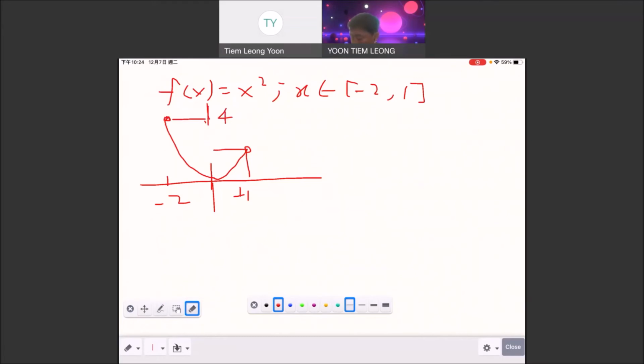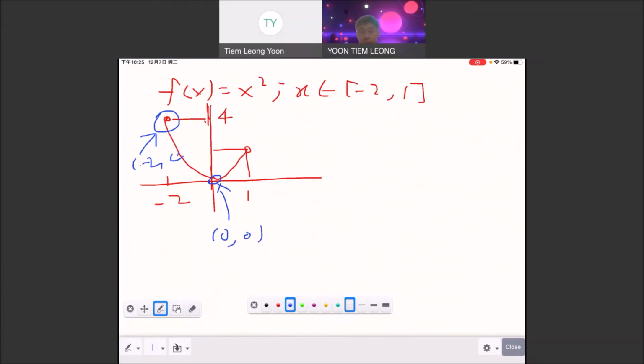So before you can calculate the absolute values, you should see from the graph what answer you expect. The value for the absolute maximum is easily seen to be 4, and the absolute minimum for x within -2 to +1 should be 0. So the absolute minimum is 0 at 0, and the absolute maximum is 4 at -2.